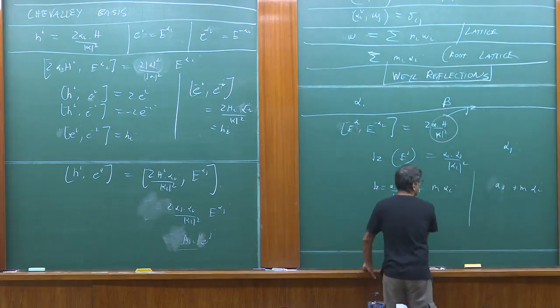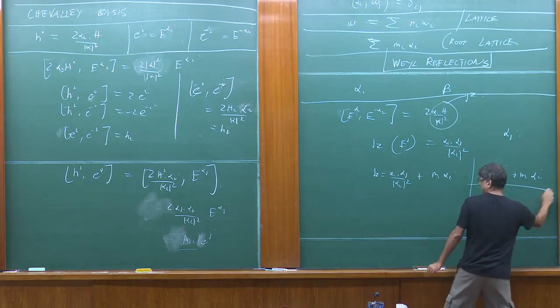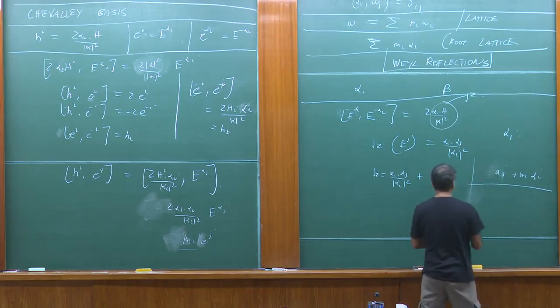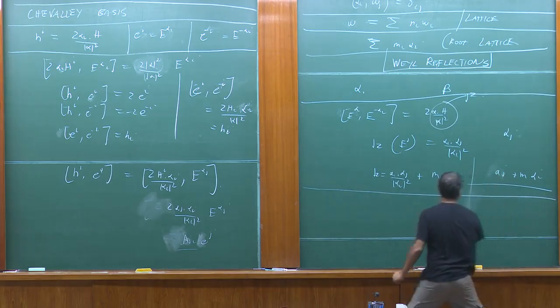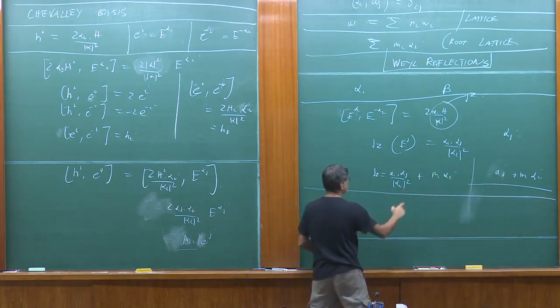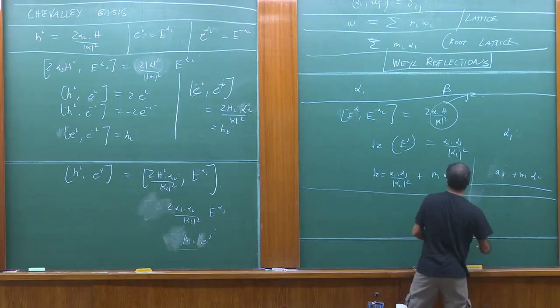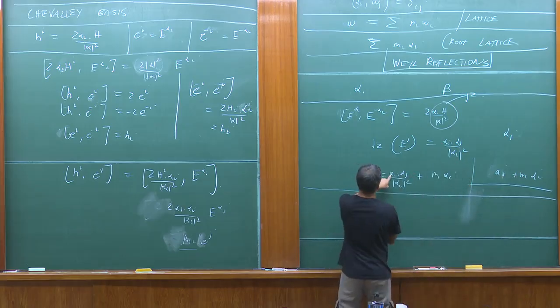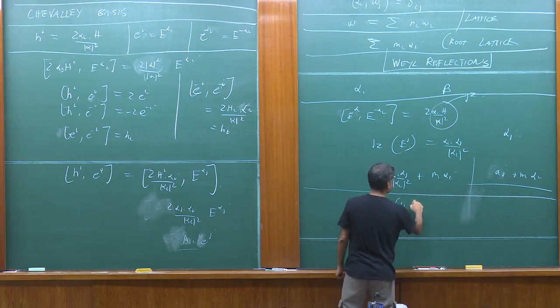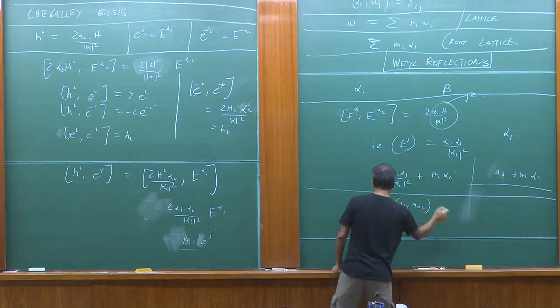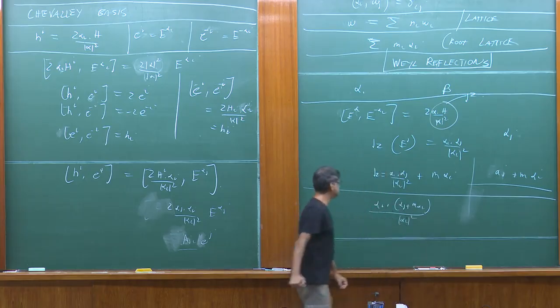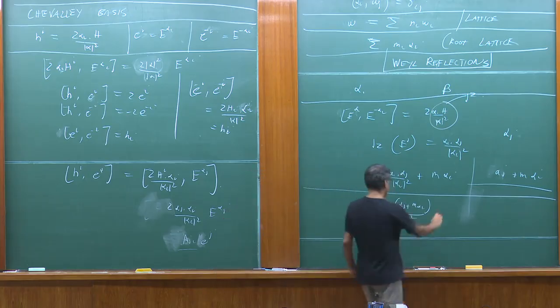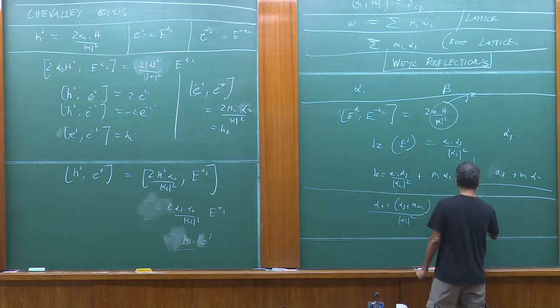So I want to choose m such that the Jz value, which is alpha_i dotted with alpha_j plus m alpha_i, divided by mod alpha_i squared, is minus alpha_i dot alpha_j divided by mod alpha_i squared.